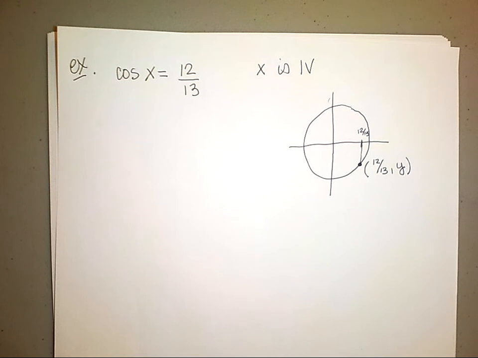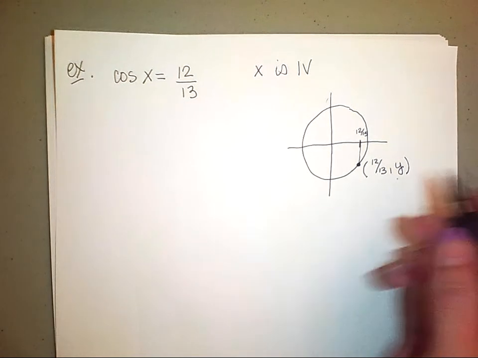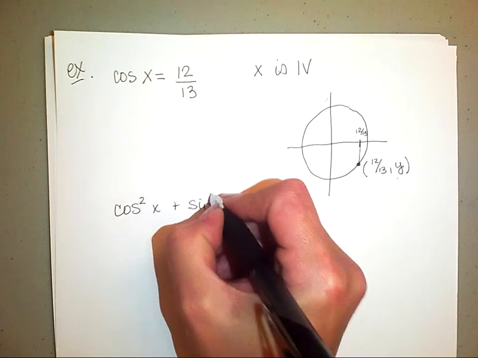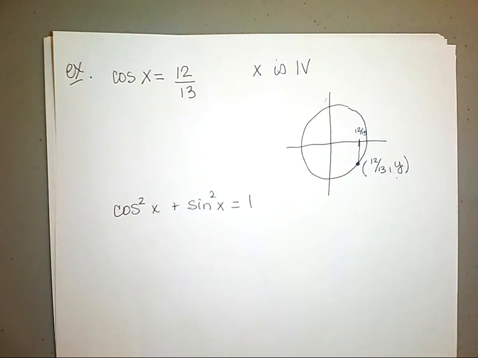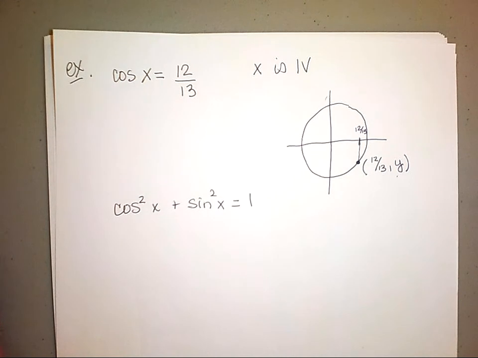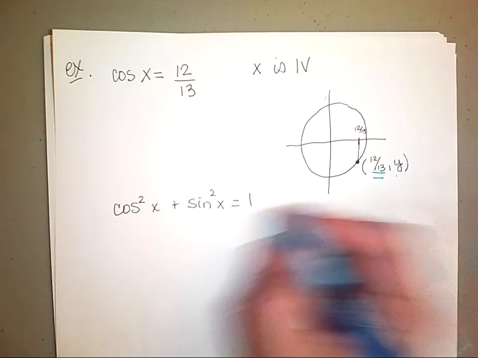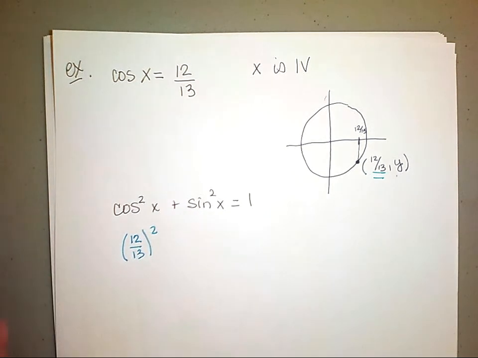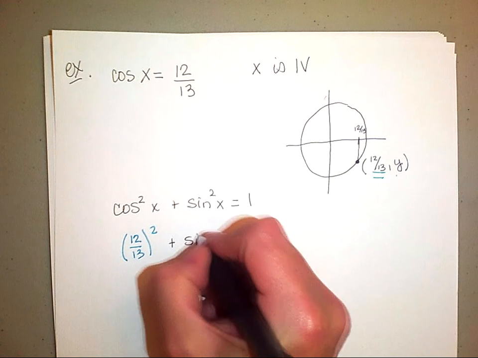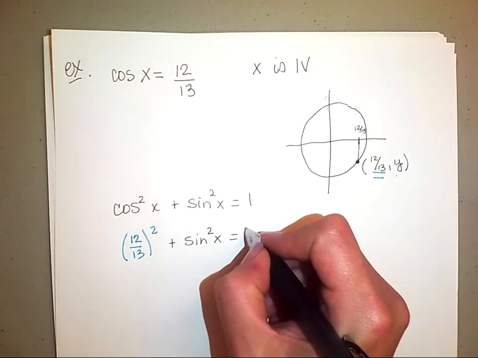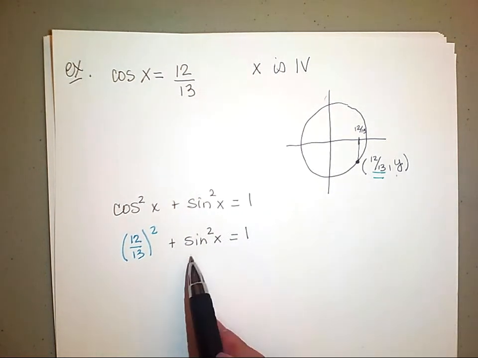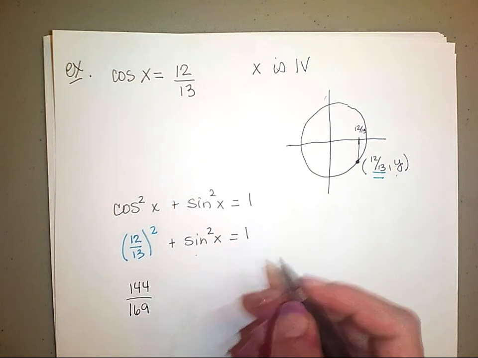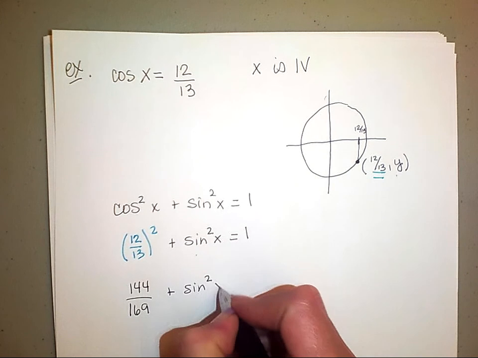But I can find out what y is because I know that cosine squared of x plus sine squared of x has to equal 1. And I also know what the cosine is. So that's 12 over 13. If I square that, now this is an equation that I could solve for. Okay. So this is 144 over 169 plus sine squared of x is equal to 1.